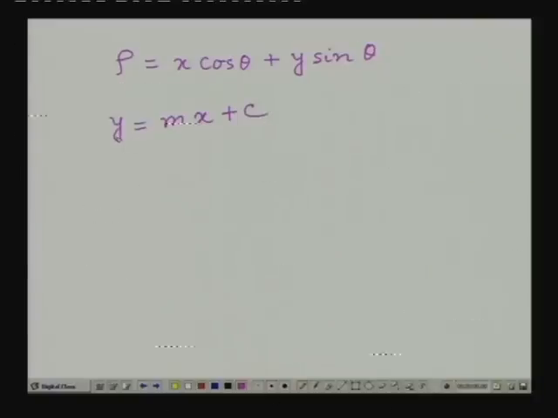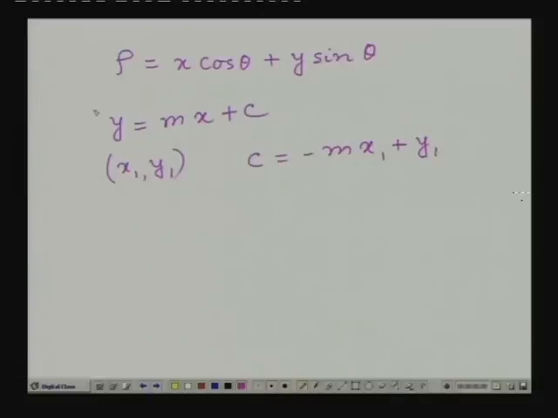So, given a single point say x 1 y 1 in the spatial domain, in the parameter domain, in the MC plane, the corresponding equation becomes c is equal to minus m x 1 plus y 1, which is again the equation of a straight line.